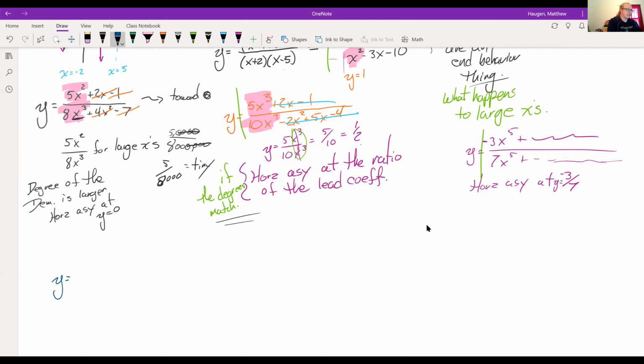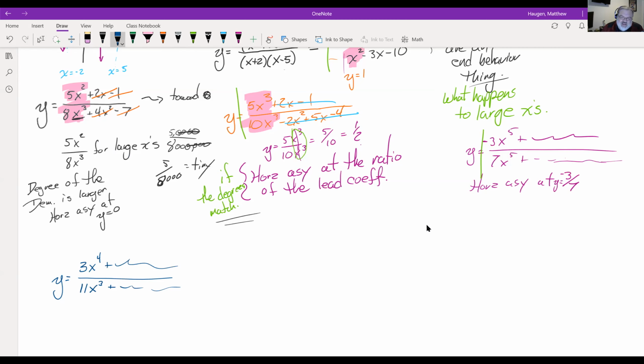Yeah. So if we have, say, 3x to the fourth plus, again, stuff, as long as that's the lead term, it doesn't matter, over even a larger value, say 11x to the third plus stuff. That x to the third can't compete with the x to the fourth.